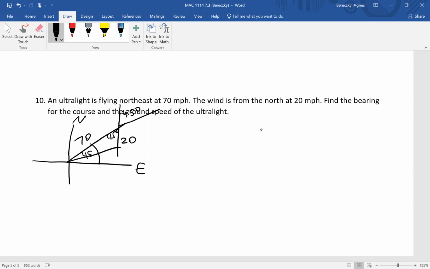So we have a triangle ABC. 45, 70, and 20. I label them A, B, C like this.